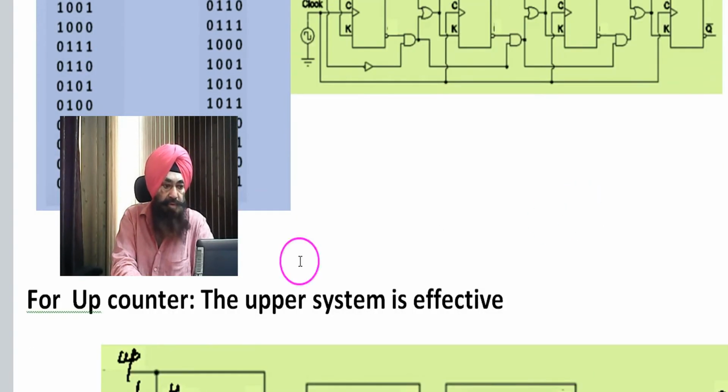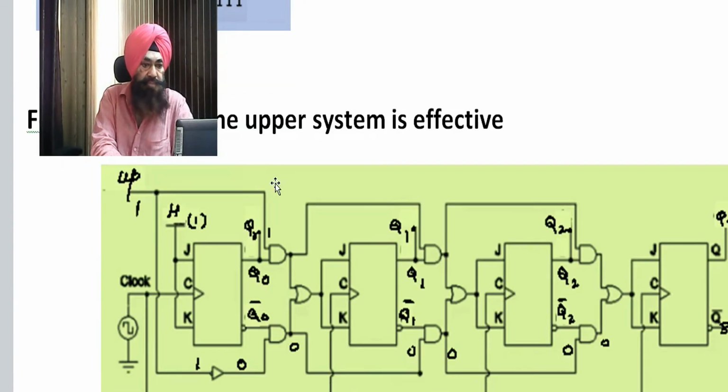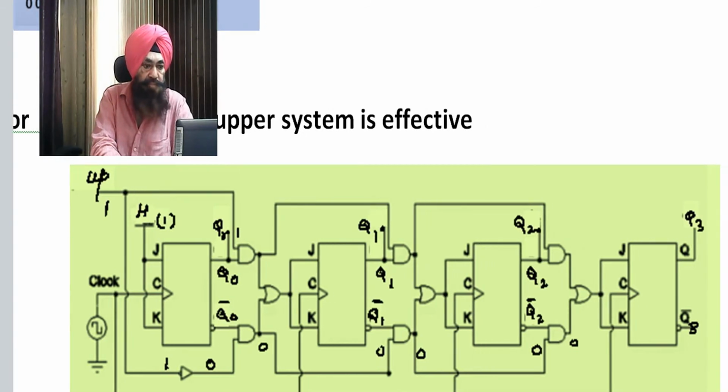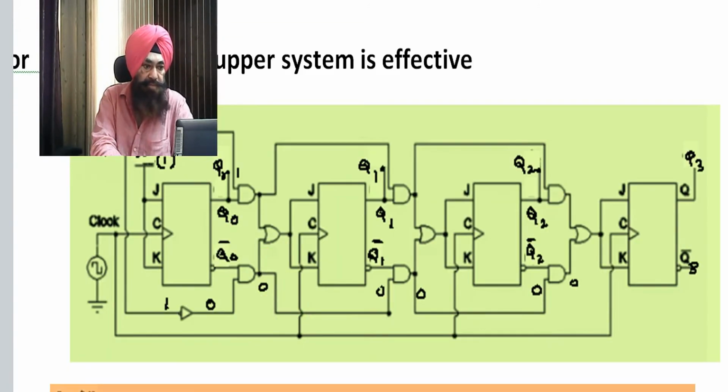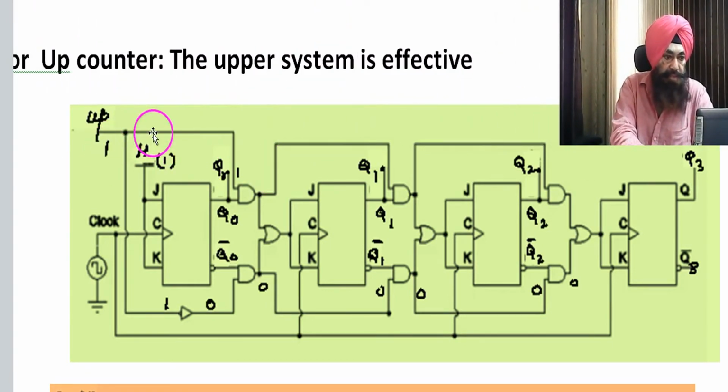So now coming to the up counter, the upper system is effective. How is the case? Here it is given a 1. Now the output will depend upon Q naught.